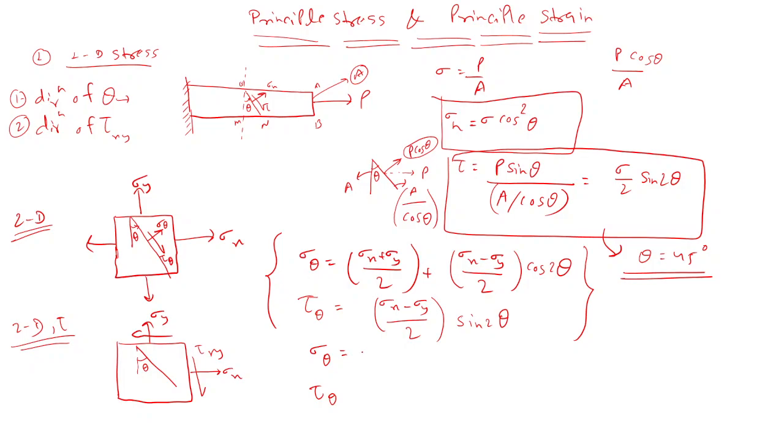If anyone knows, can tell. Otherwise, I will start. Sigma x plus sigma y by 2, plus sigma x minus sigma y by 2 cos 2 theta, minus tau xy sin 2 theta.